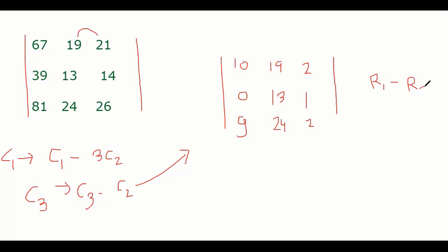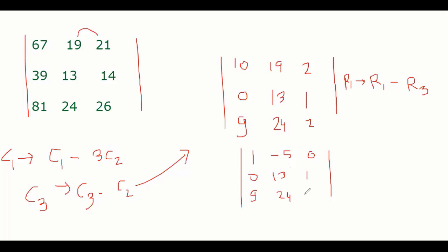And guys, there is no hard and fast rule. It all depends on you. We are doing this operation in R1. So 10 minus 9 is 1. 19 minus 24 is minus 5. 2 minus 2 is 0. The other rows are kept as they are: 0, 13, 1 and 9, 24, 2.